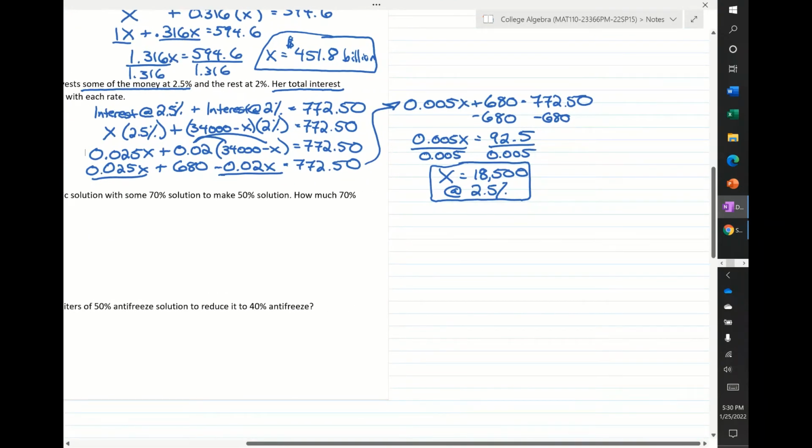The rest of it was invested at 2%. So that would mean 34,000 minus 18,500 is 15,500 is what's left, and that would be invested at 2%.